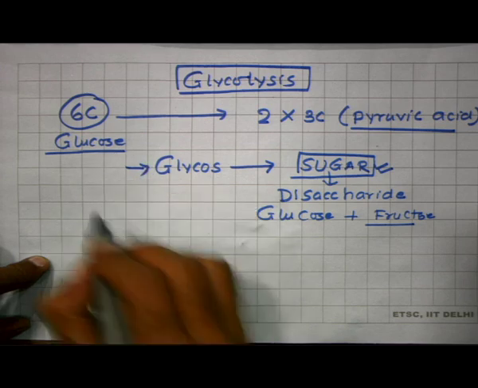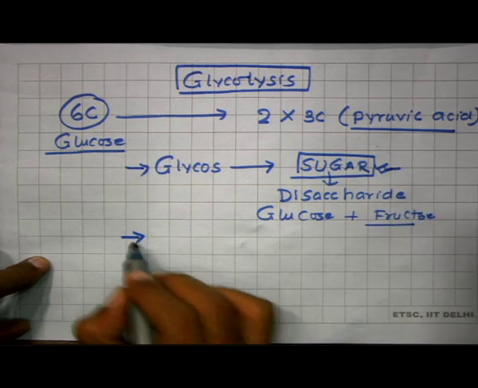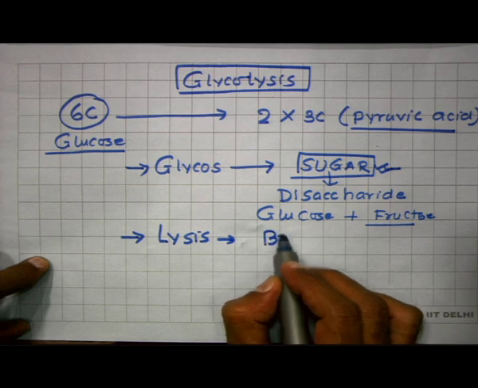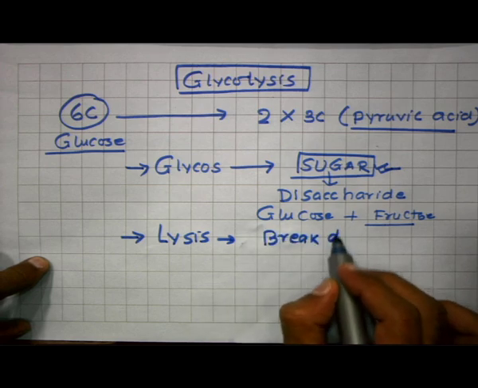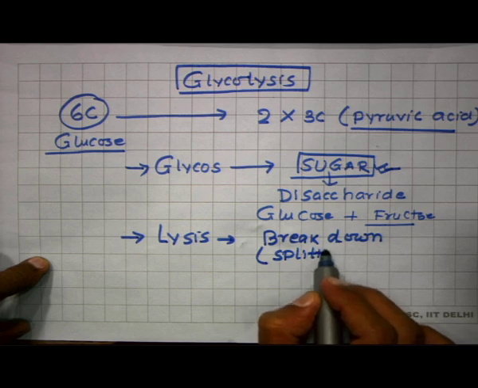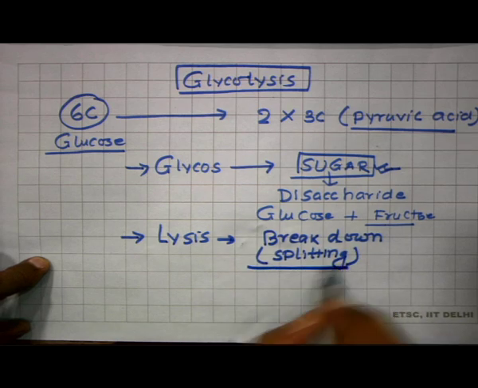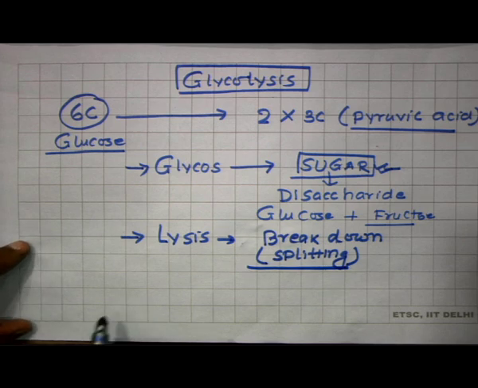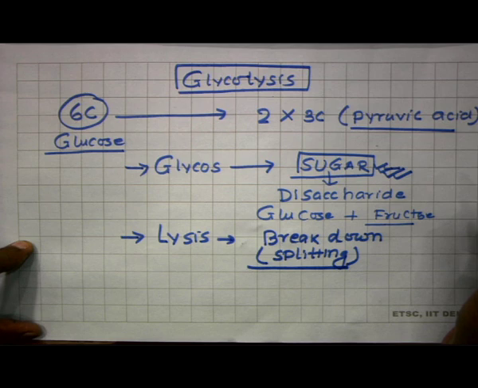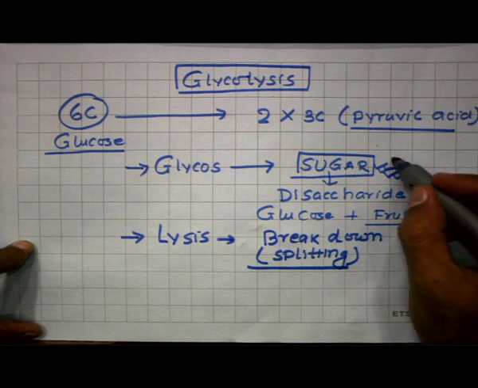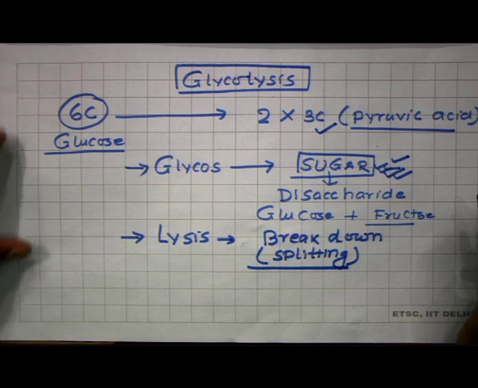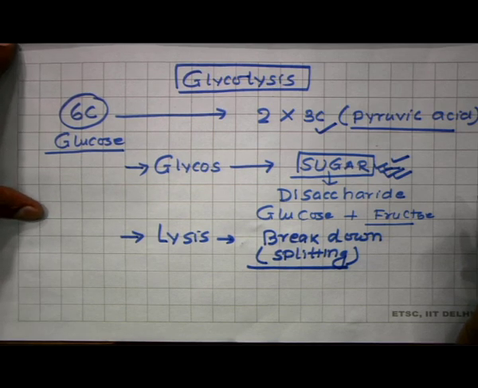The first term glyco means sugar and the second term lysis means breakdown or splitting. As the term indicates, glycolysis is the process in which the sugar molecule, which is already present in plants as the end product of photosynthesis, is converted into a 3 carbon compound, pyruvic acid.